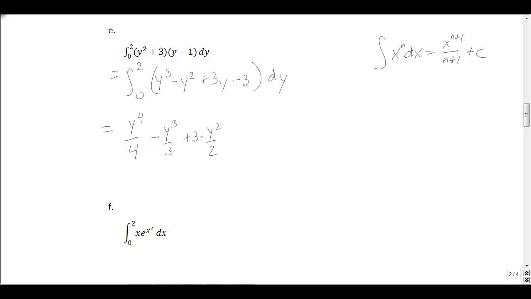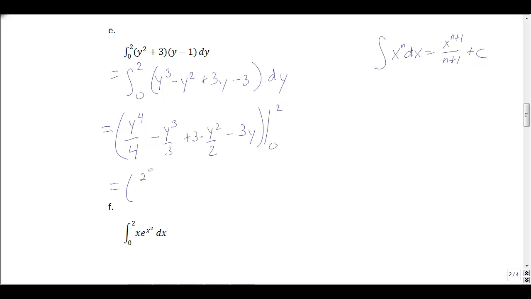And then minus 3, the derivative of 3y would be 3, so the antiderivative is 3y. So I do my antiderivatives, and then I have to evaluate them from y equals 2, and then subtract when y equals 0.